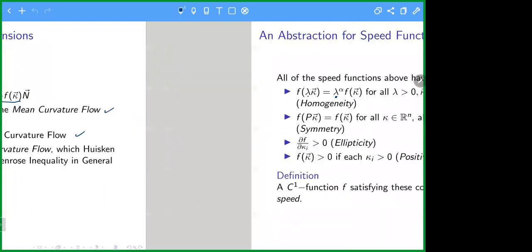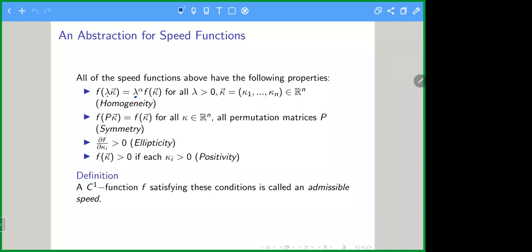That's the homogeneity condition. None of these speeds care about the order in which you put your principal curvatures, so that's another condition I put on abstracting these speeds, the second condition here.